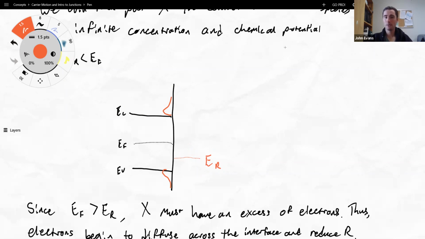And so compared to our species R, we have a higher Fermi level, which means that we have a higher energy, and we have an excess of electrons, right? So it's going to be easy to take our electrons and give them to R. Or if you want to think about it this way, they're coming from the conduction band, right? So that's what's going to happen. We're going to start transferring electrons to R.